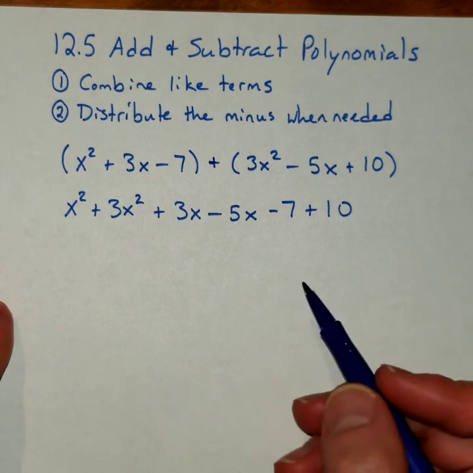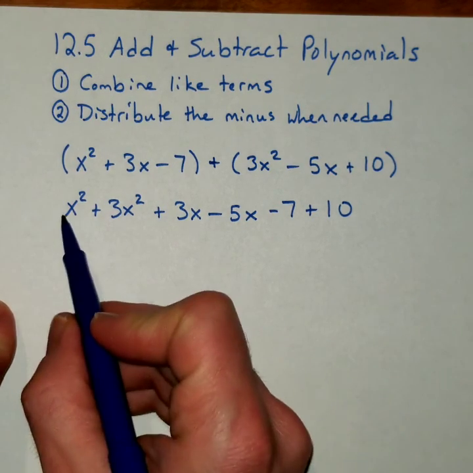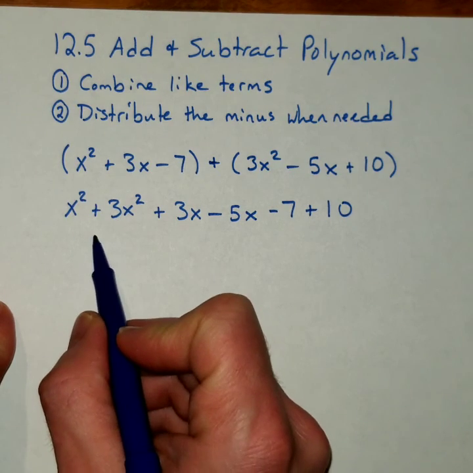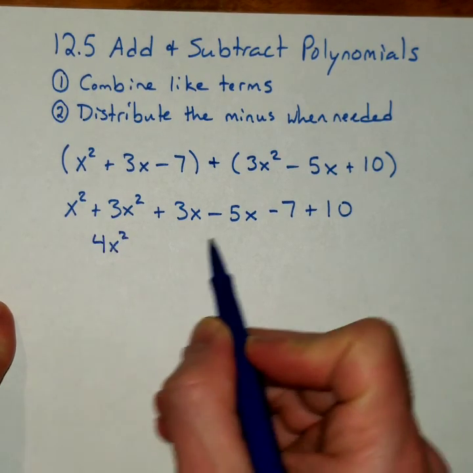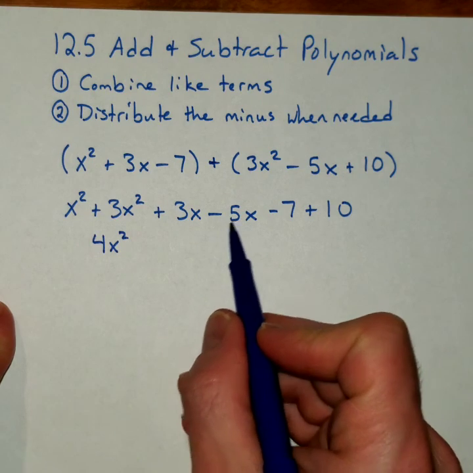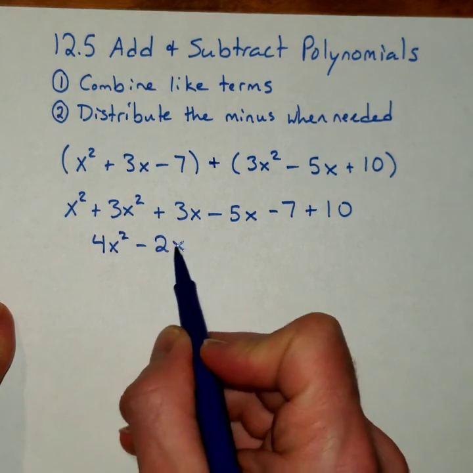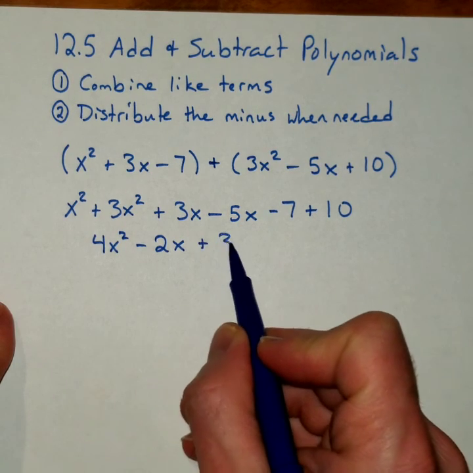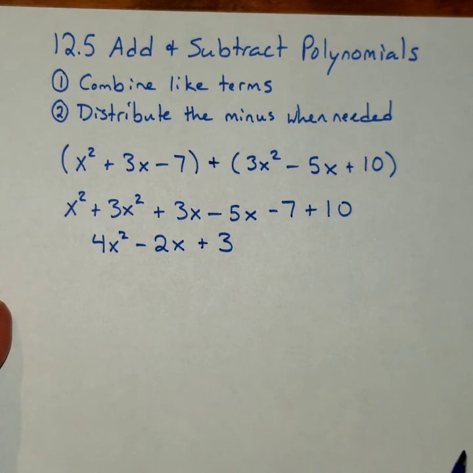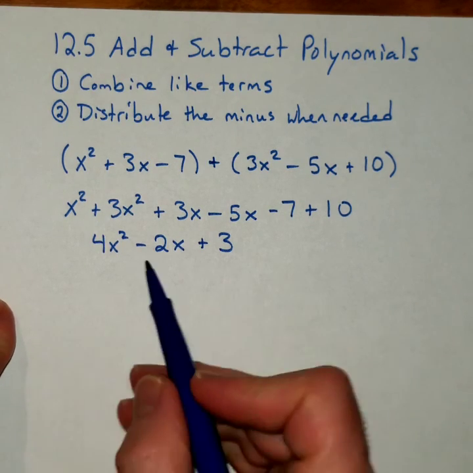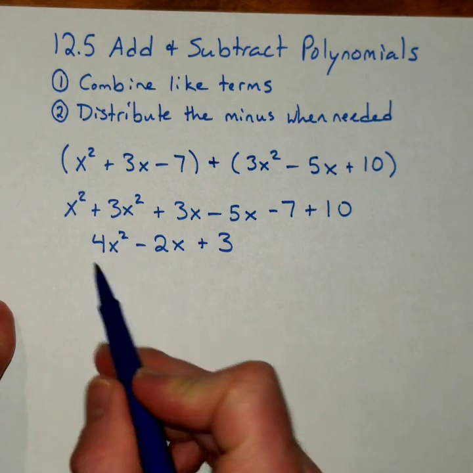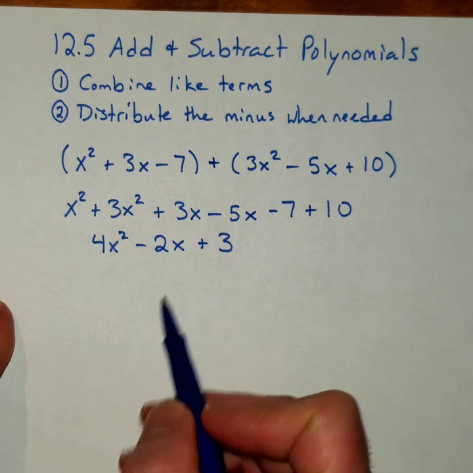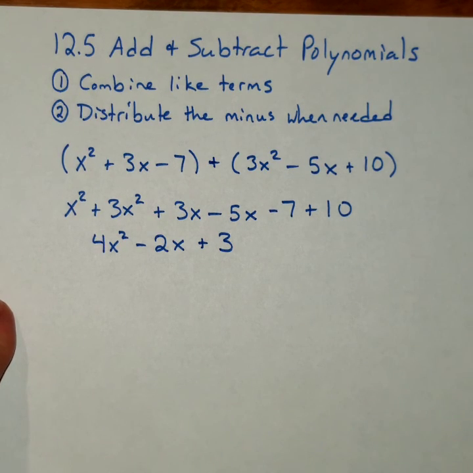Then we can combine the coefficients. 1x squared and 3x squared makes 4x squared. 3x minus 5x is minus 2x, and negative 7 plus 10 will give me a plus 3. Again, we're just combining like terms. The end result should simply be a new polynomial.